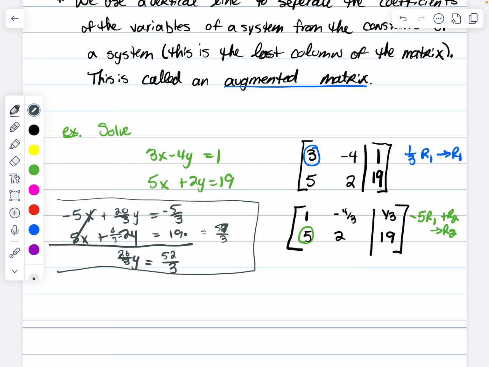What this next matrix would look like is, keep the top row, and the bottom is now 0, 26 over 3, 52 over 3.